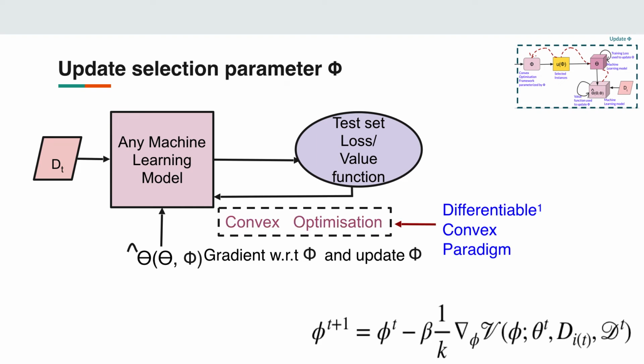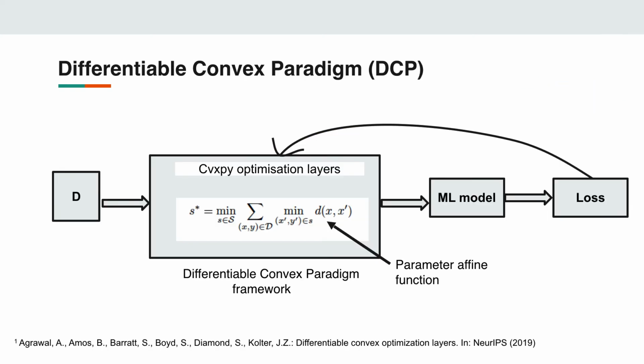Now, as we saw before, in order to reach phi, it has to be passed through the convex optimization framework. This is where we use the differentiable convex paradigm, which was introduced in a paper at NeurIPS 2019, where we can frame the optimization using parameter affine functions such that the loss can be backpropagated through the optimization framework.